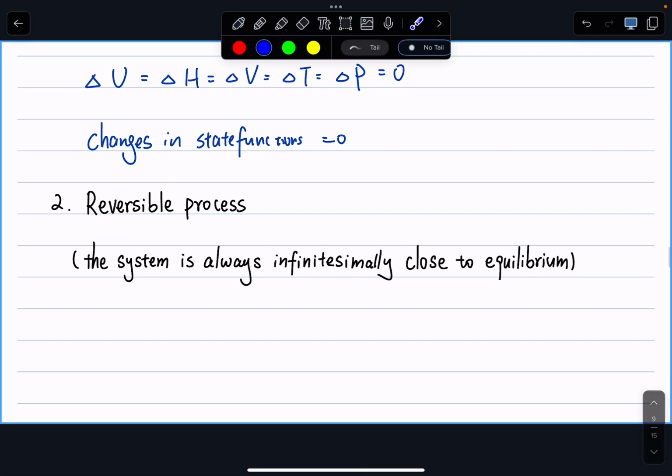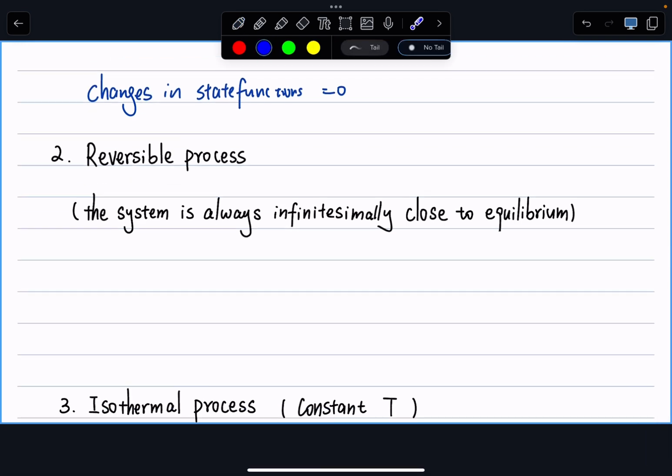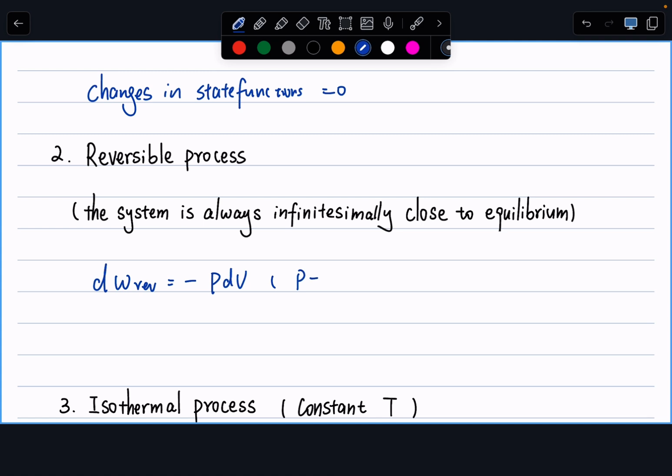Second one, reversible process. When we look at a reversible process, we're effectively saying the system is always infinitesimally close to equilibrium, or only infinitesimal changes are taking place. In this entire chapter, we're saying dW reversible equals negative PdV if we're only considering PV work.